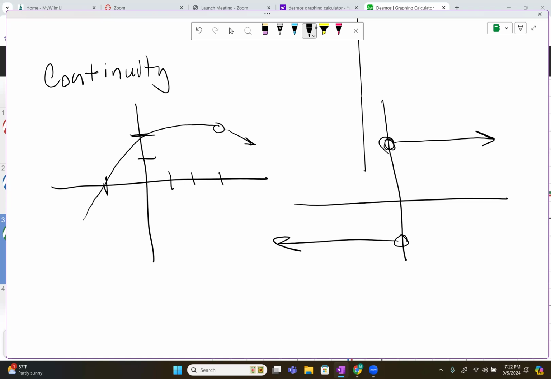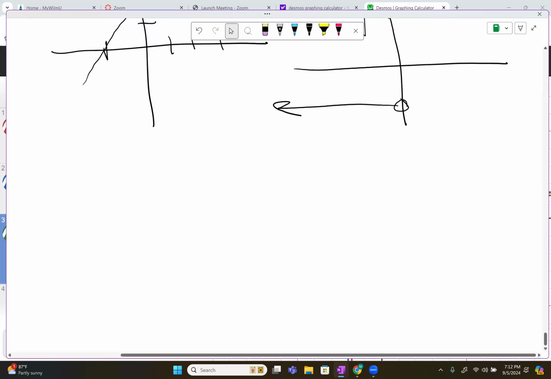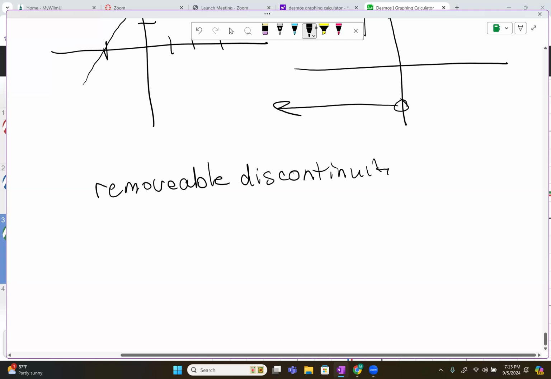So let's talk about removable discontinuity. And then there's non-removable discontinuity.